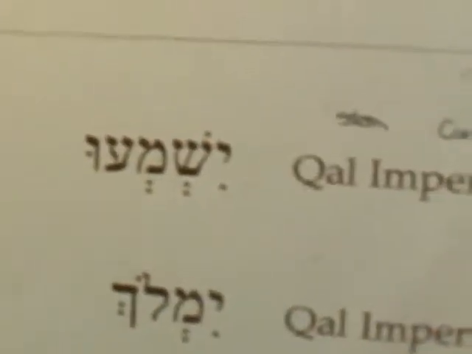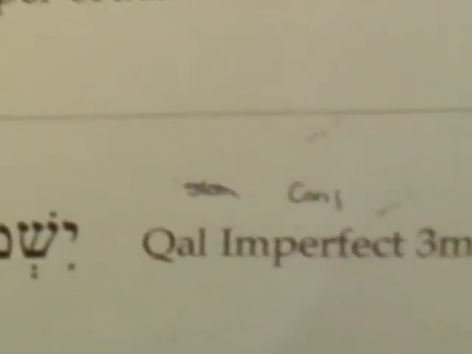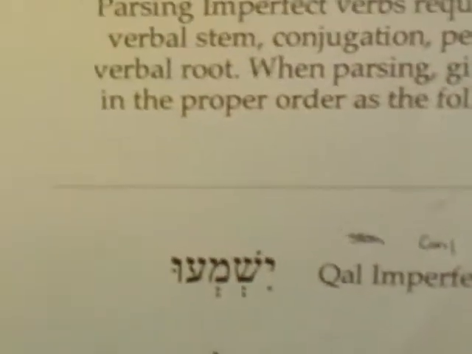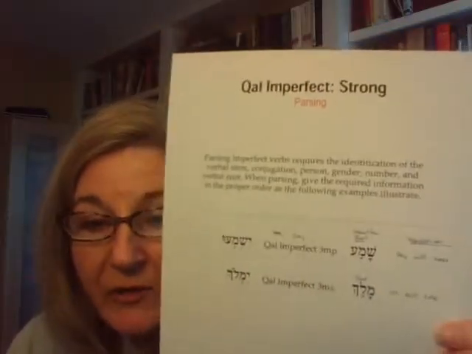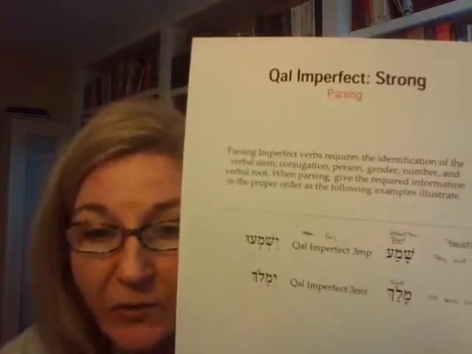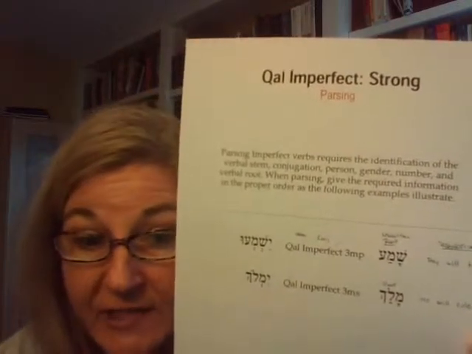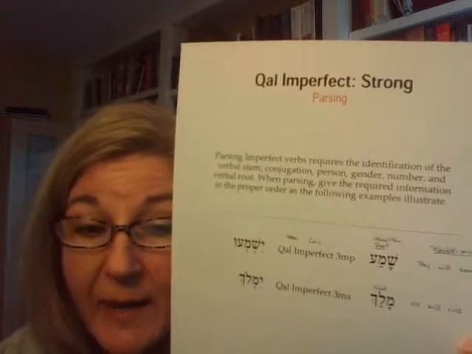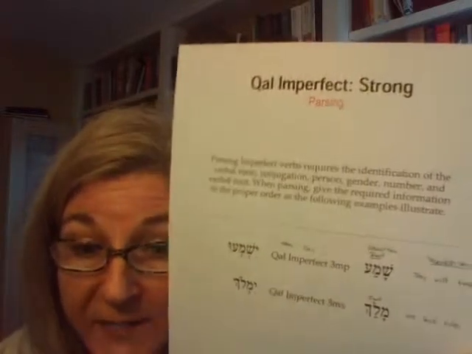Now, the paradigm for the Qal Imperfect Strong. When you parse this, you're going to have your stem, which is Qal, and right now Qal is the only stem that you know. So whenever you are taking a quiz or your final and it asks for a stem, give me Qal. It's an automatic given because the right answer will always be Qal.